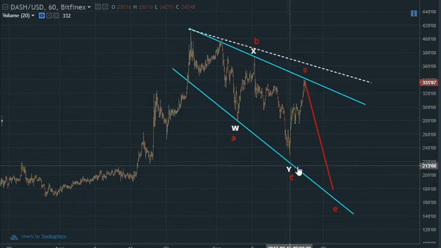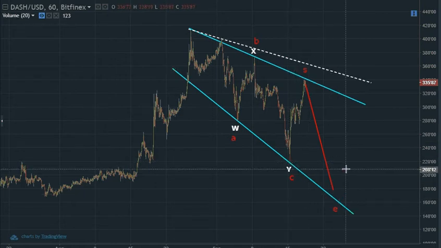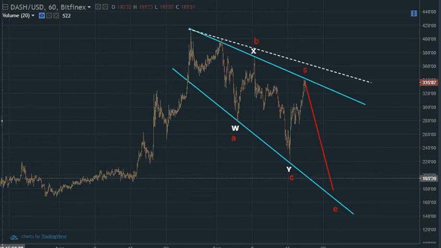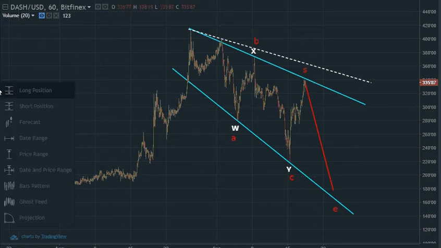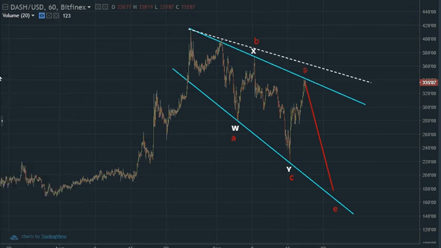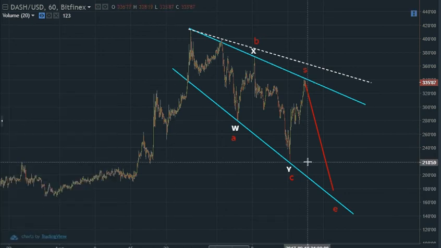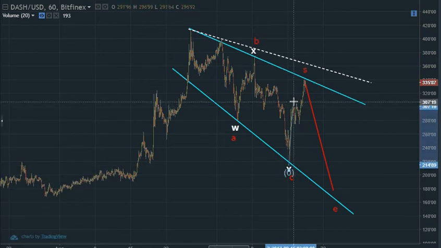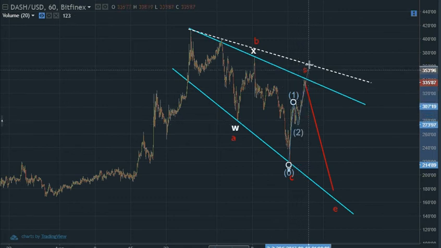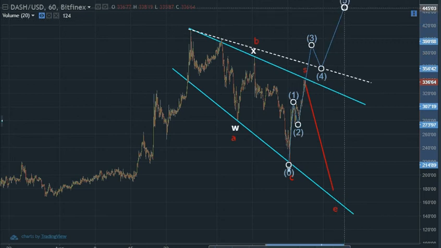So in Elliott waves, we would have to see 1, 2, it would be nice to have 3 here, 4 could bounce, 5.